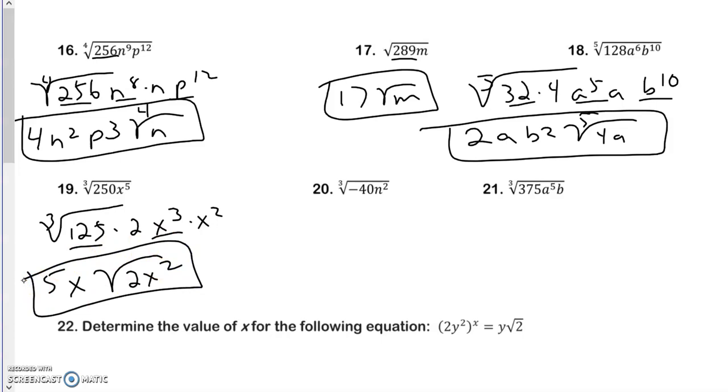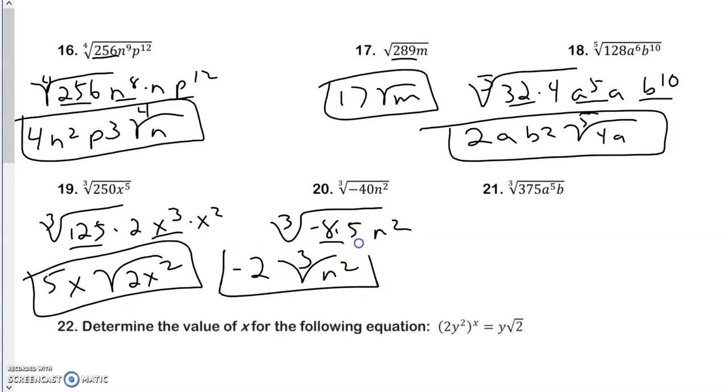Taking a look at the next one. What's perfect in here? A negative 40 would be a negative 8 times 5n to the second. The cube root of negative 8 is negative 2. And I can't take anything else out, so I'm just going to put 5n to the second.